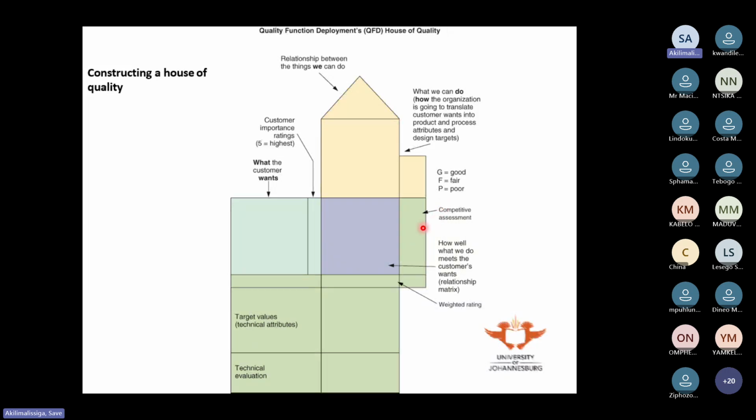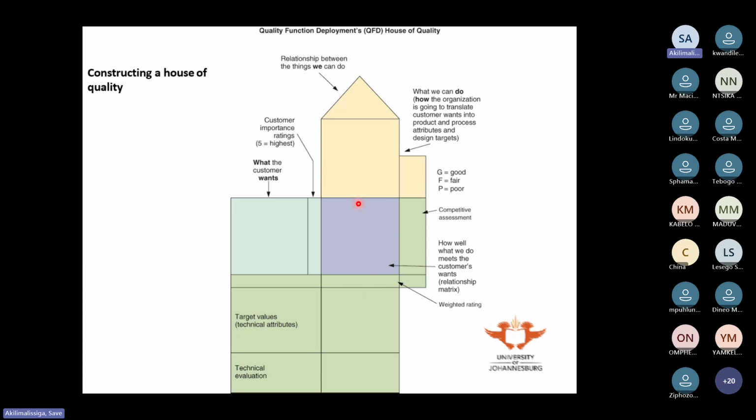So you put your competitors' names here based on their products in the same industry, and then you compare with your current design and see how well their products are able to satisfy the customers' requirements. So this takes time. It's not a one-day task that can be completed. It takes time, goes to market research. You need a lot of insight in order to come up with a house of quality.